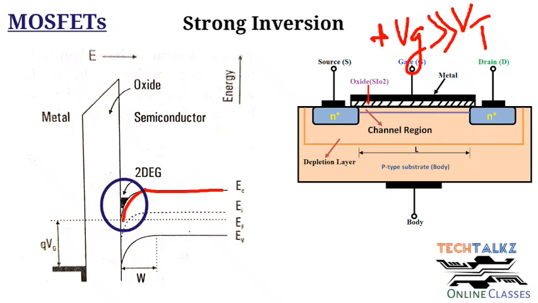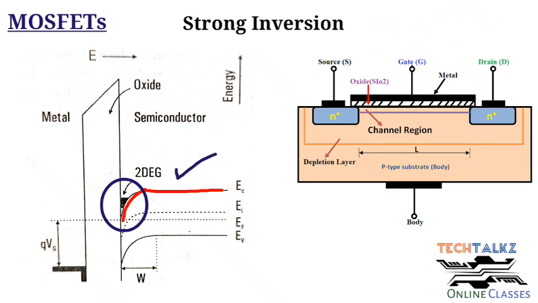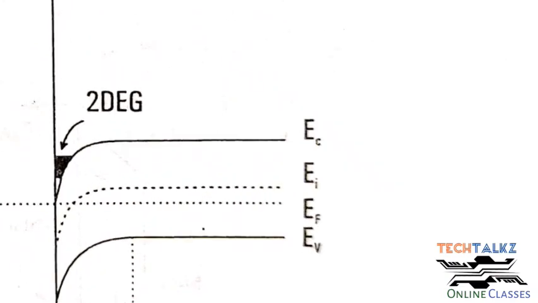Since the electron movement is confined across one direction, these trapped electrons are called 2D electron gas, two-dimensional electron gas, the accumulation of electrons within the potential well. If you reduce the channel size, it will become a 2D system. So the potential well that is formed at the interface is a triangular well.